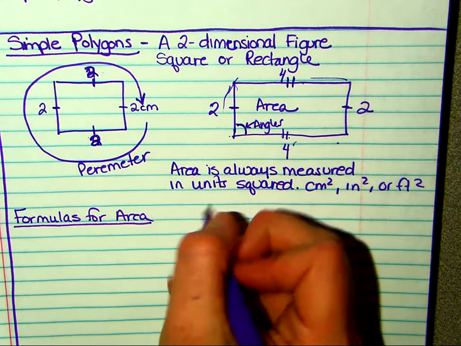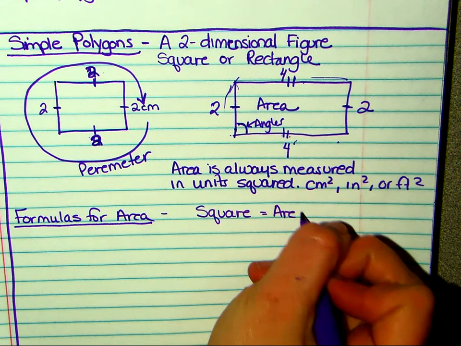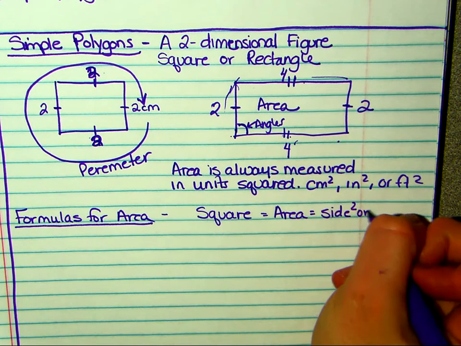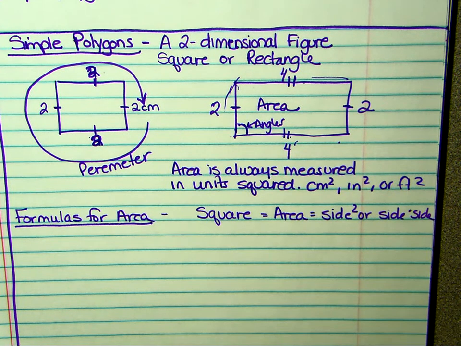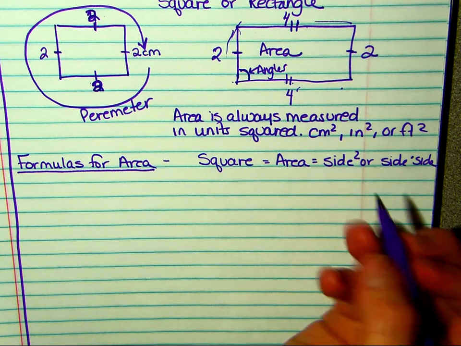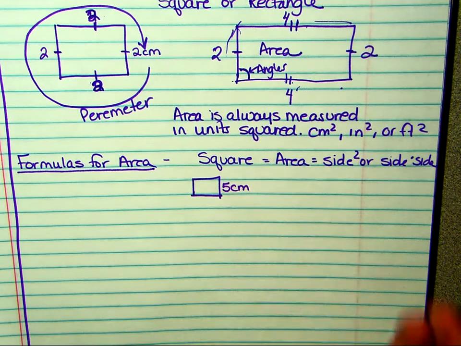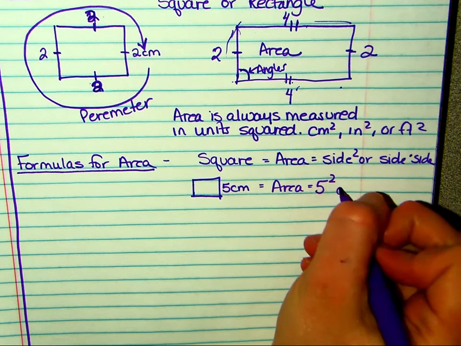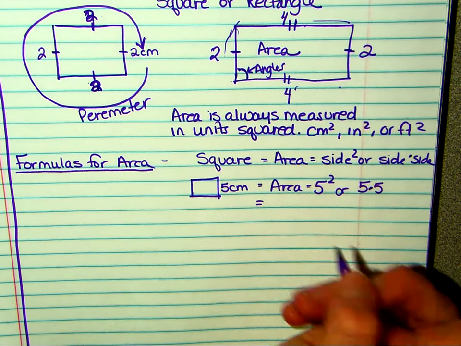For a square, your area is the side squared, or side times side. So if I were to have a square with a side length of 5 centimeters, my area would be 5 squared, or remembering our exponents, that would be 5 times 5, which, what is 5 times 5, class? 25.